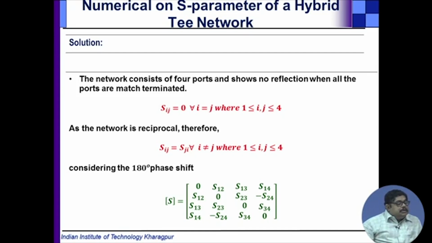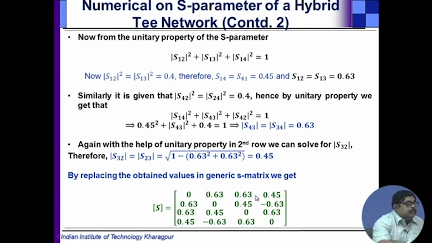As the network is reciprocal, you can reduce the unknowns, and also, since there is a 180 degree phase difference, one of the elements you can take as minus. Now you can apply that it is a lossless device, so the unitary property applies. From that you can determine S14 and S41 and also S12, S13.